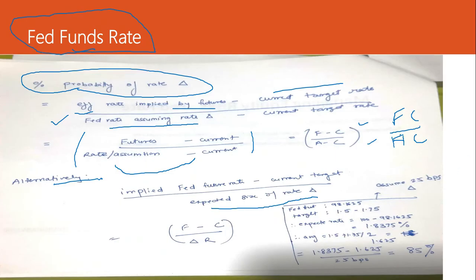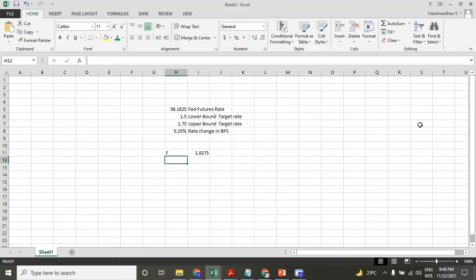And what is the second term? Is the C. C is the term which is current target rate. So current target rate is given as two rates. So we will take an average of both as a midpoint. Average of both is 1.625. And what is the rate change? Rate change is given as 0.25 from here.